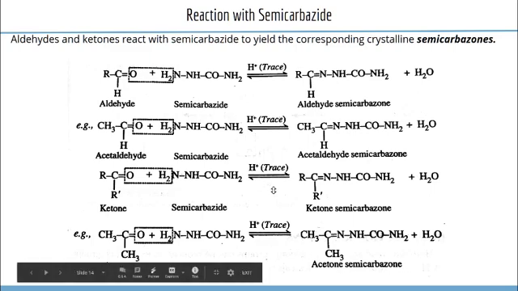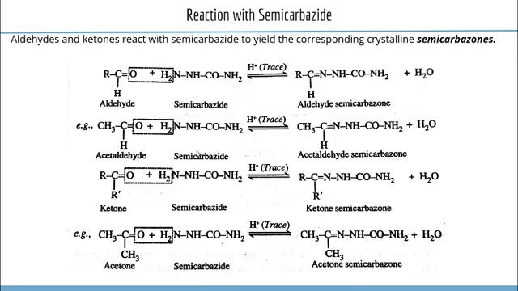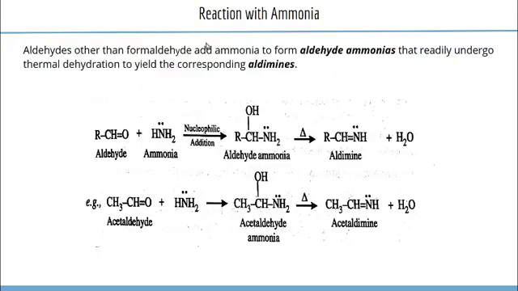So in all the reactions, we will get the condensation product by the combination of the two reactants with the elimination of a water molecule. The last condensation reaction is the reaction with ammonia. Aldehydes other than formaldehyde add ammonia to form aldehyde ammonias that readily undergo thermal dehydration to yield the corresponding aldimines.